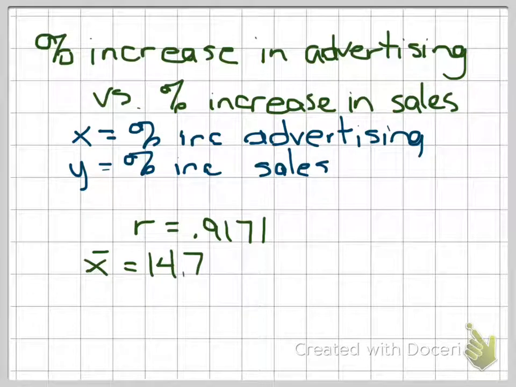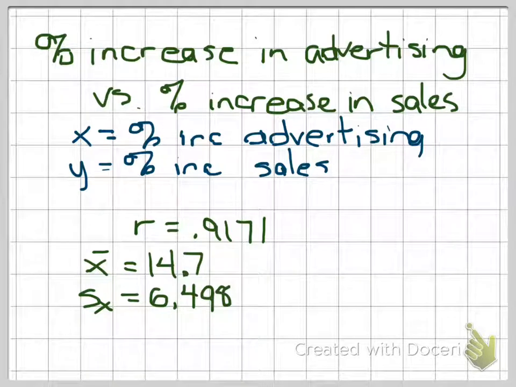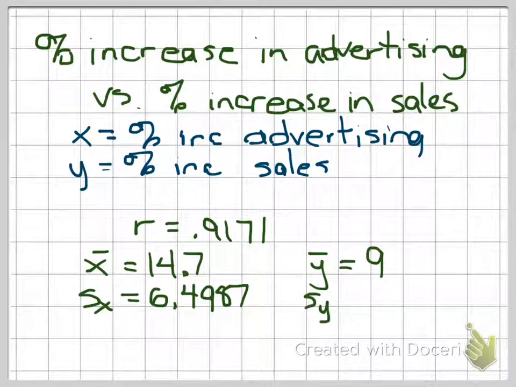So the mean percent increase in advertising is 14.7 with a standard deviation of 6.4987. We know that the mean percent increase in sales is 9, and the standard deviation of the percent increase in sales is 3.298.